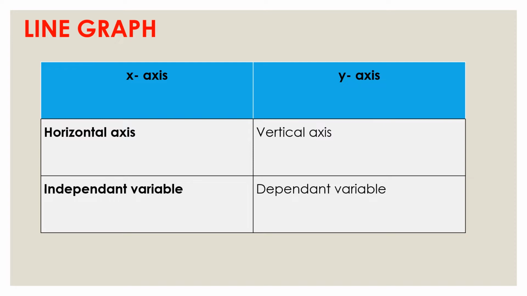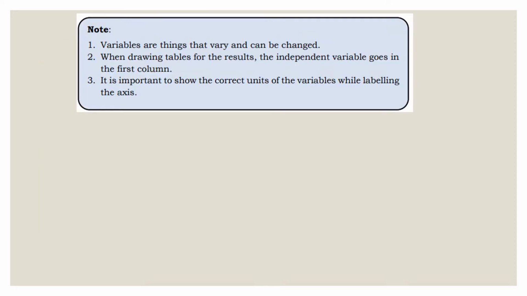Let's look at some examples of dependent and independent variables. First of all, variables are anything that can be changed in an experiment. Whenever we are filling data in a results table, it is very important to understand that the independent data goes in the first column while the dependent data goes in the second column.